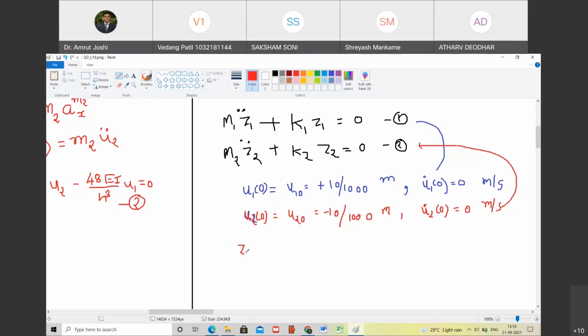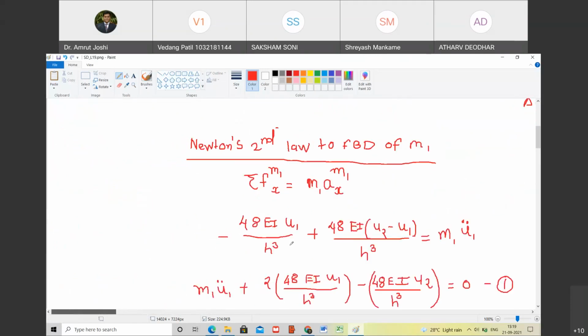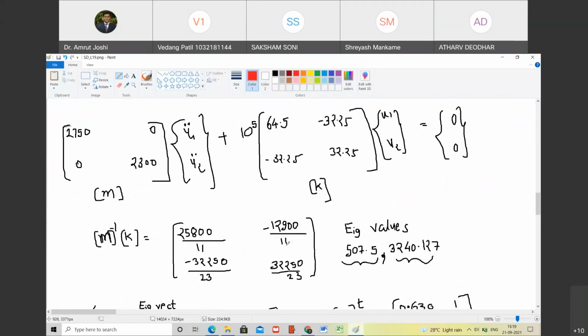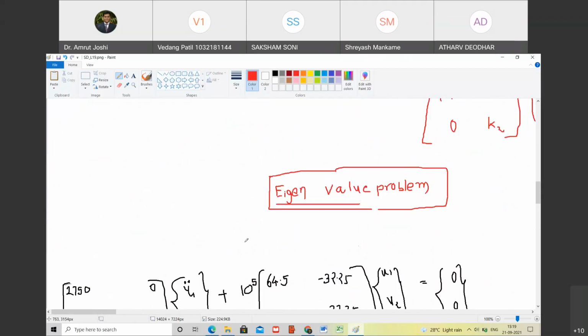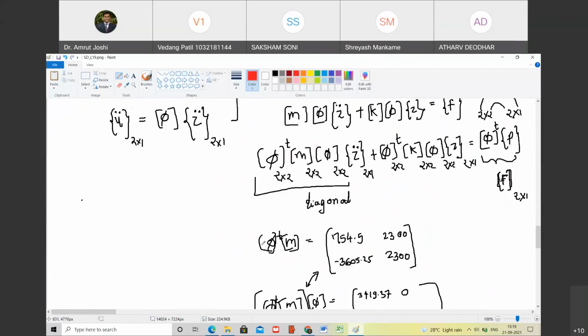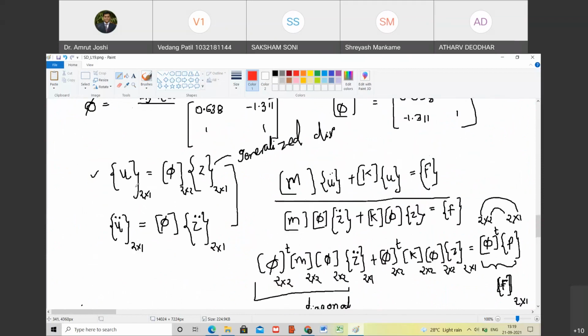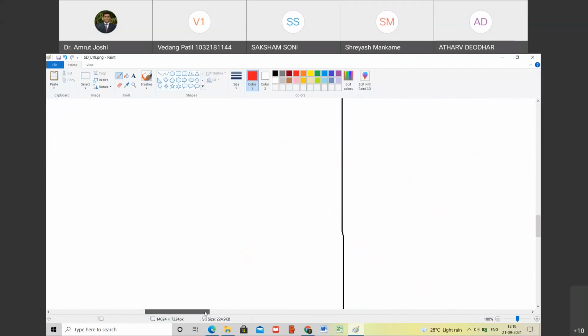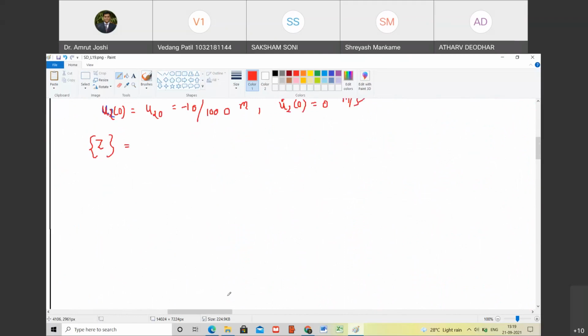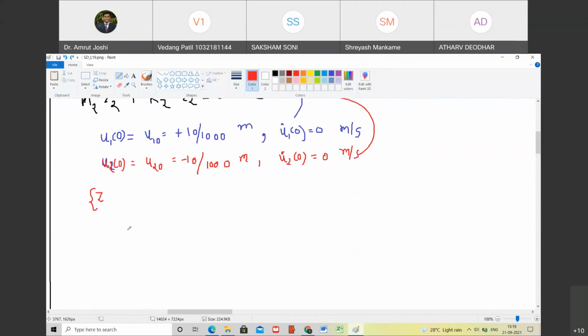How are we going to do that? So look, what is the transformation that we have used? U is equal to phi times Z. Do you agree with me? Yes, sir. So how do we have to write it? U is equal to phi times Z. Happy?